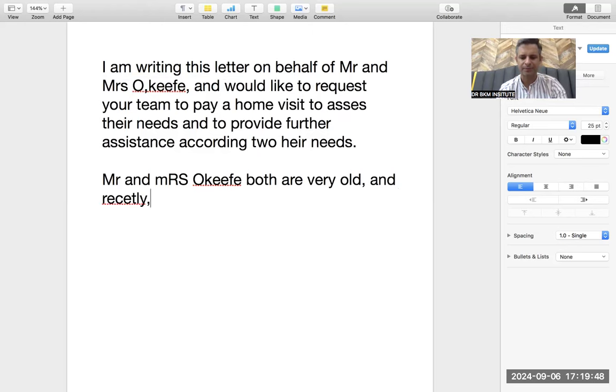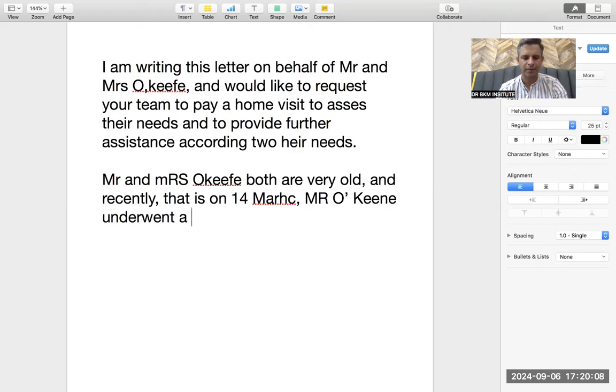And recently, that is on 14th March, Mr. Okeefe underwent a surgery for the malignant melanoma on the right shoulder.